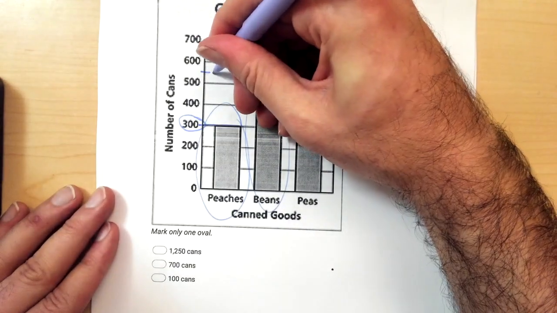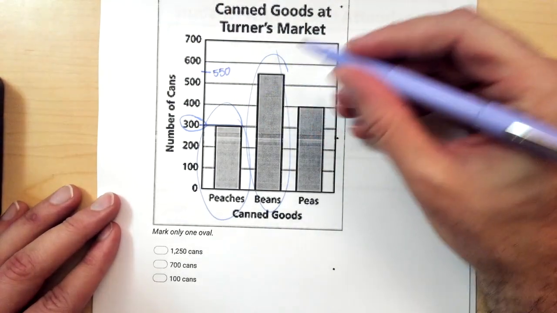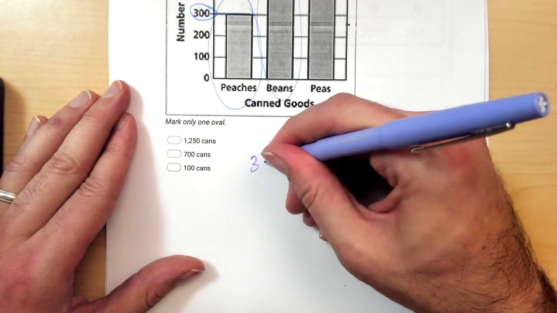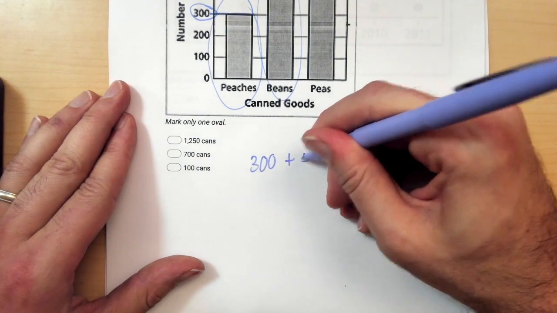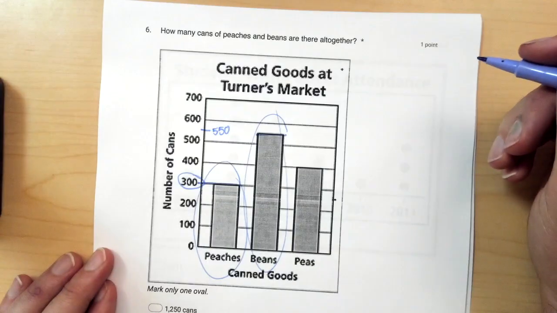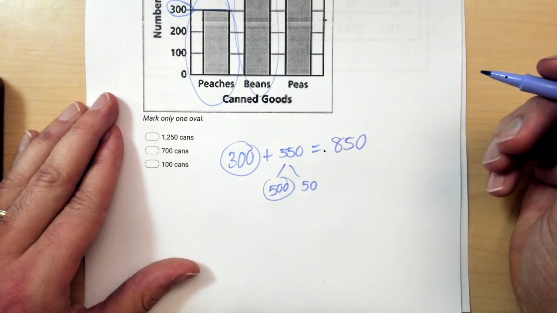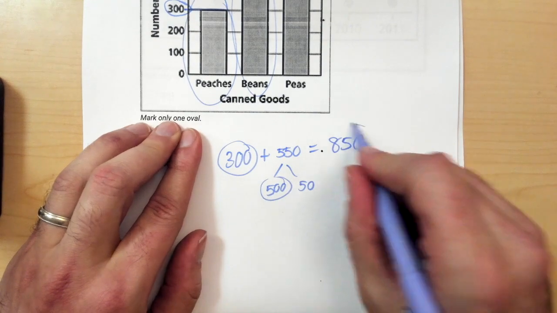So that has to be 550 based on our bar graph. So down here that's going to mean 300 plus 550 is 850. So it looks like our answers are incorrect over here, but that's okay. Our answer still is 850.